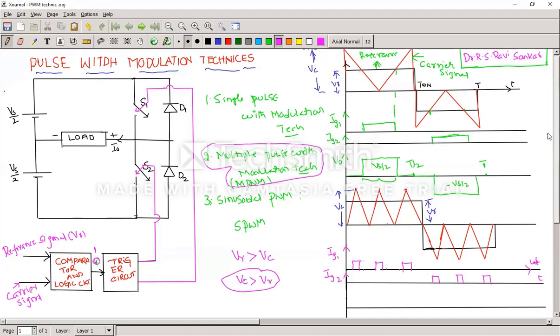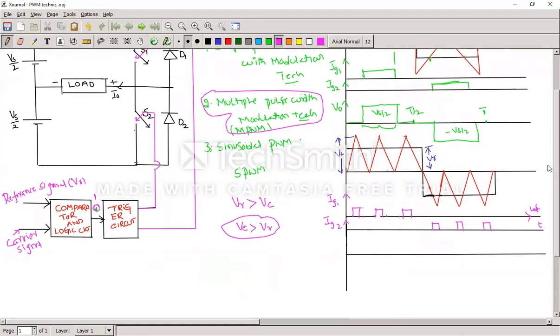Now, if we draw the output voltage waveform, this goes to S1 and this goes to S2. When S1 is on, the output voltage becomes Vs by 2 in this interval.